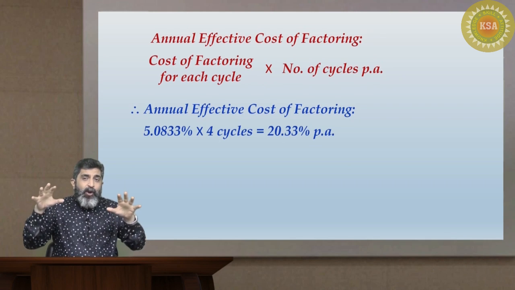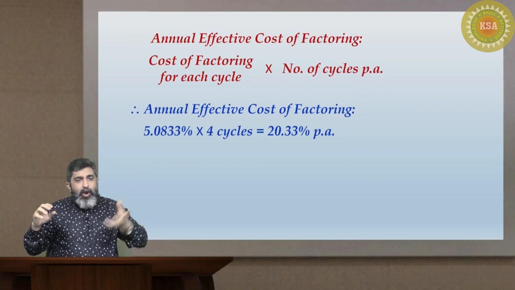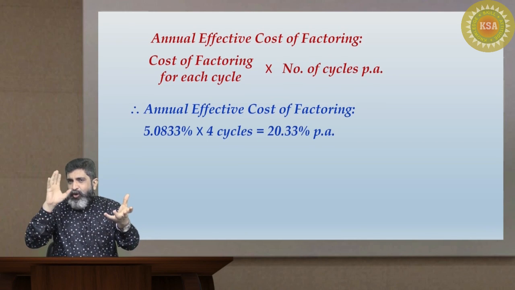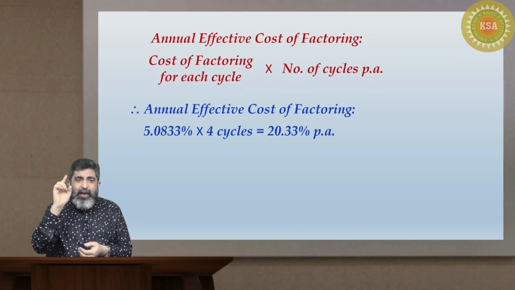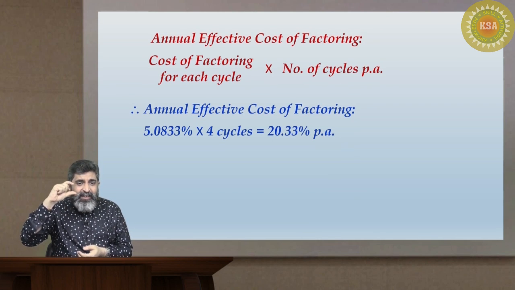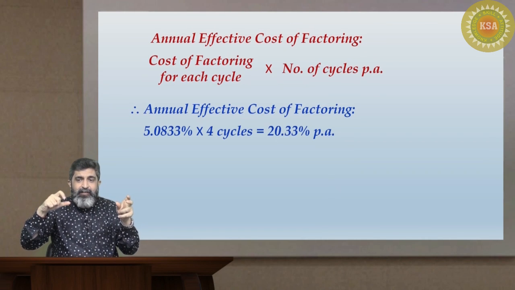Why? Because bank and factor are two different people. Factor is doing a lot of activities for you. Bank is not doing a lot of activities for you. Bank is giving you only advance. That means the bank's rate cannot be compared with the factor's interest rate.